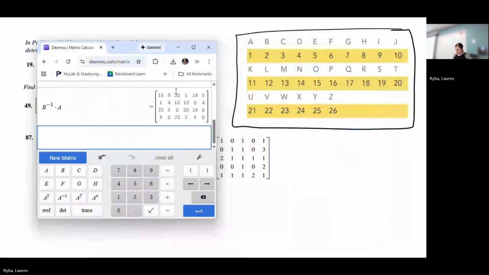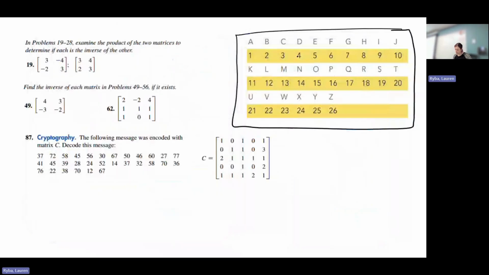R. 1 is A. 23 is W. 8 is H. 9 is I. 5 is D. Did I type something wrong?